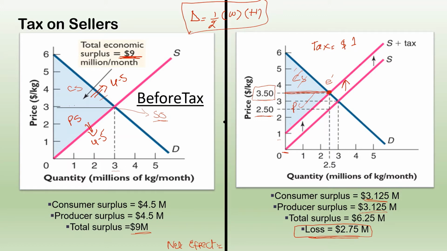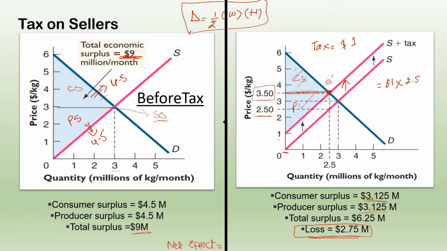In order to analyze how much the government is actually generating in taxes by imposing a $1 tax on the sellers, let us again consider that the government is imposing $1 per kilogram of onion, but the total amount which is traded in this market is 2.5.